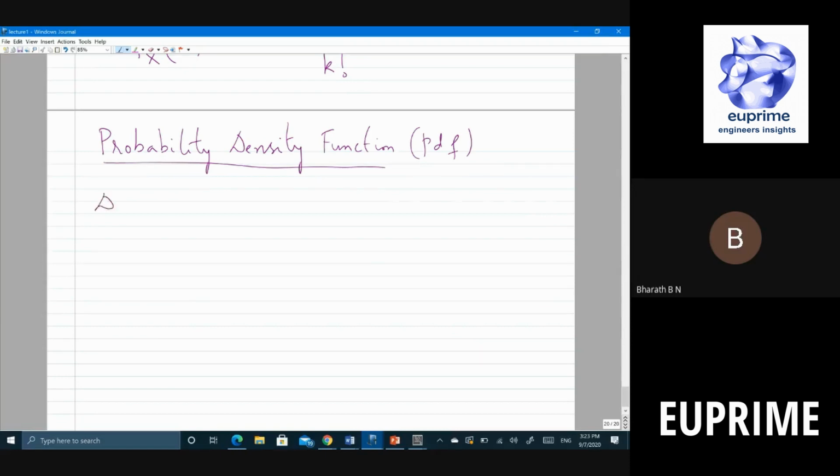So what is the definition of this? Well, f_X(x), where X is a continuous random variable, is nothing but the derivative of F_X(x) with respect to x. This is how we define it, of course, assuming that the derivative exists.